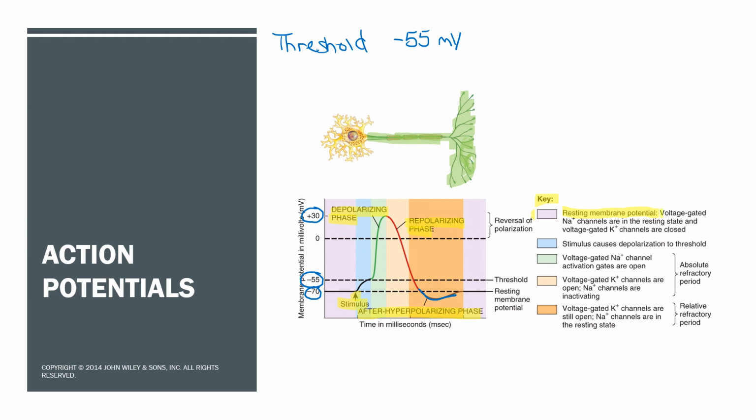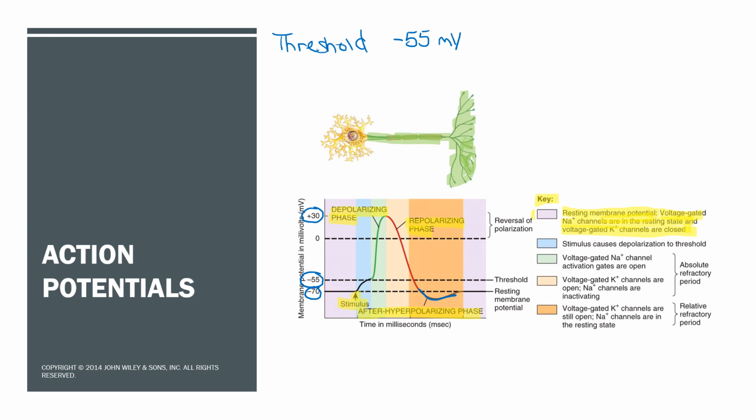They're all in resting state, so none of the potassium or sodium ions are getting through. Keep in mind we do still have those leakage channels, so very small amounts of sodium and potassium are going through, but the voltage-gated channels are all closed.